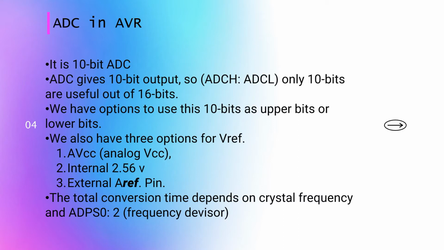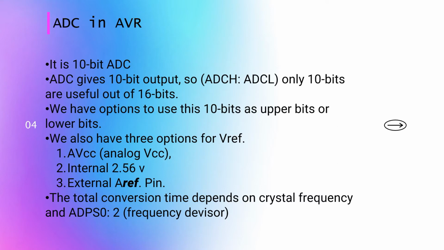And also, as I mentioned before, we have three options for voltage reference. We can directly use AVCC, which is used to power up the analog to digital converter, or else the internal voltage, which is 2.56 volts, or else we can connect an external voltage reference pin to AREF, which will be used in our ADC conversions.